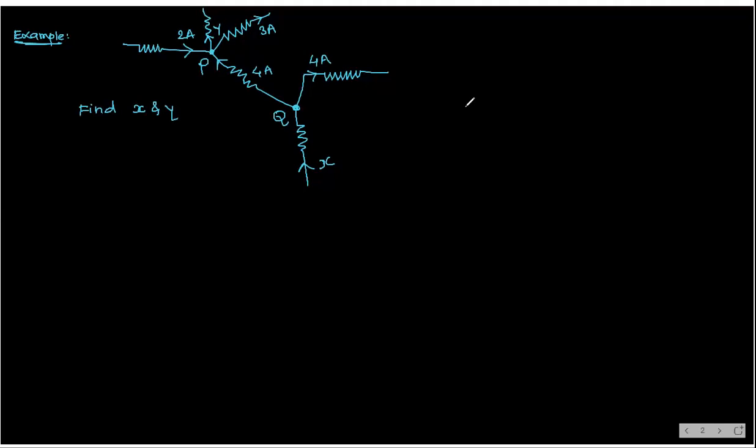So if some of you still have doubt, I am solving one more problem. You can see at junction P, simply see what currents are coming and what currents are going.